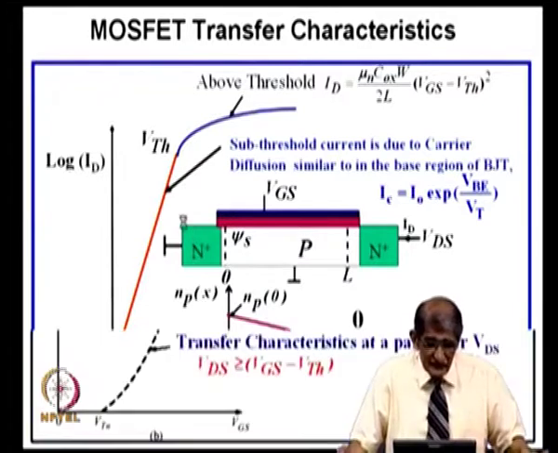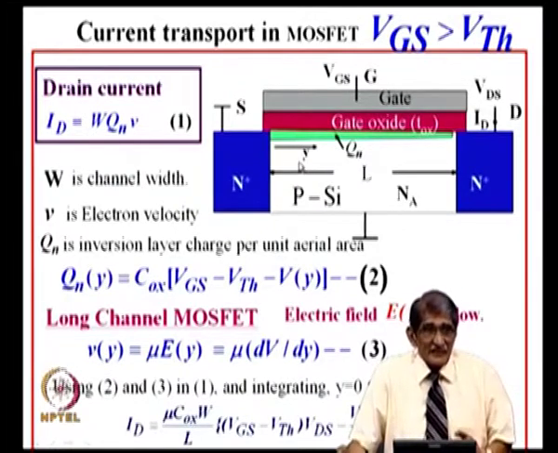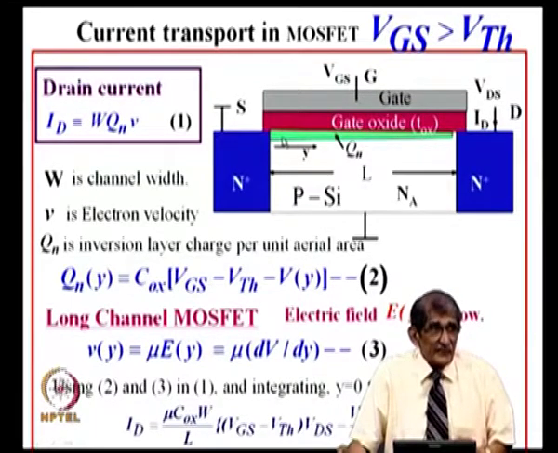When you go to this particular situation, carriers are injected from the source to the channel across the barrier. When the channel is not present, what is the barrier? Built in potential. When the channel is present, if the potential is twice phi f, what is the barrier? Built in potential minus twice phi f. So, the barrier is reduced by twice phi f. So, carriers are injected across that.